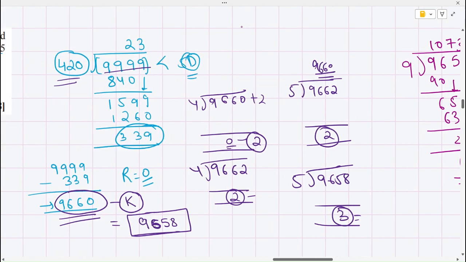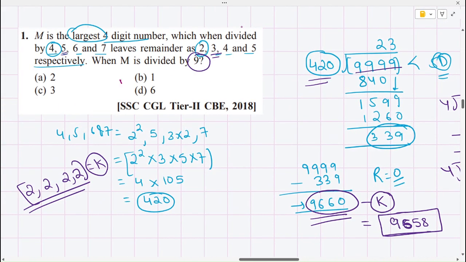So the answer for this question will be option B, that is, the remainder when we divide this number m that we were talking about, which is the largest 4-digit number, by 9 will be equal to 1.